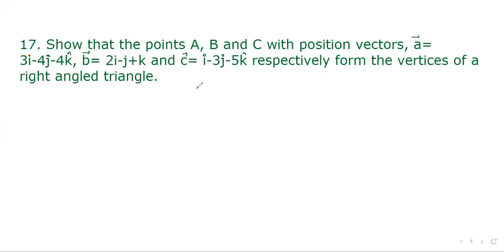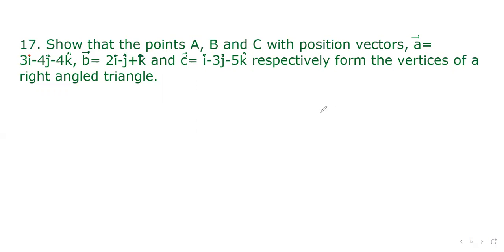Question 17. Show that the points A, B, C with the position vectors A = 3i minus 4j minus 4k, B = 2i minus j plus k, and vector C = i minus 3j minus 5k respectively, form the vertices of a right angle triangle.